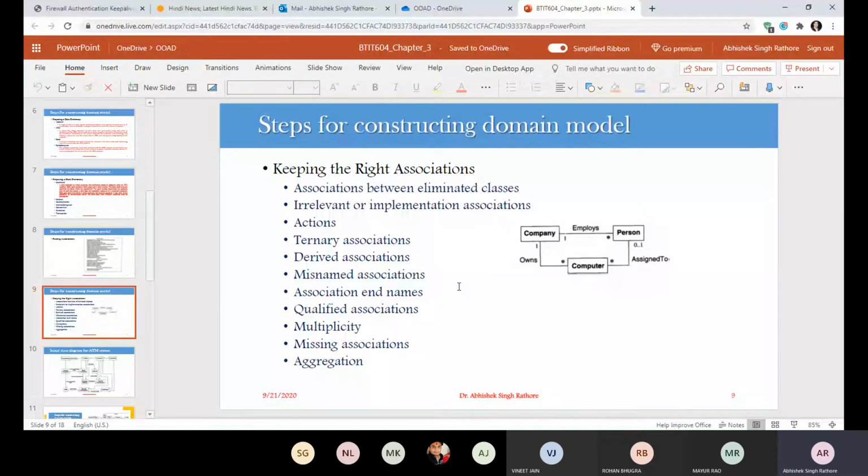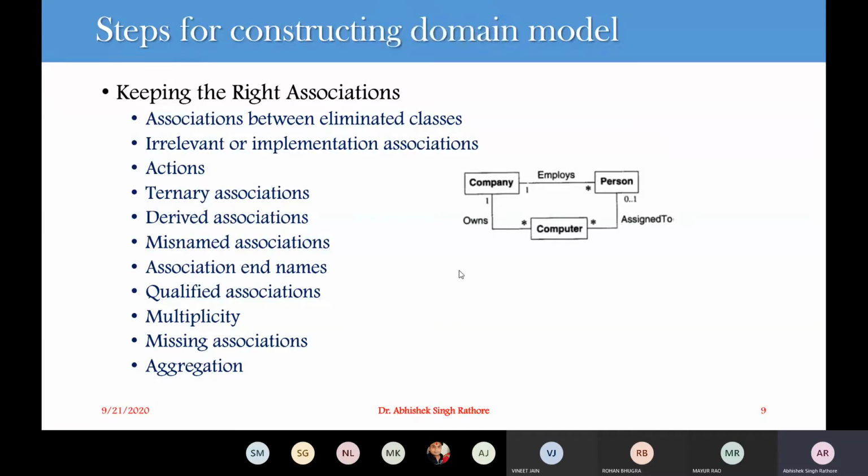And then the next step for constructing your domain model is that we have to find the right association. When we find the associations, then we'll go for finding the right association. So considering that we have to find associations between them, after your stative words or verb phrases that are available, all those things are associations.